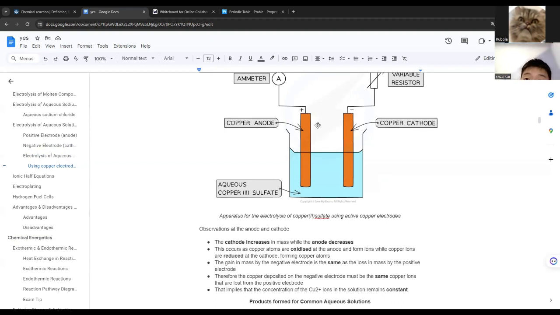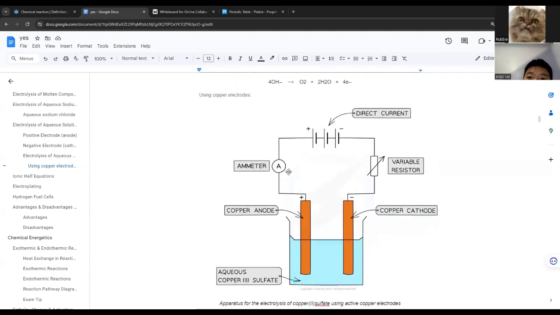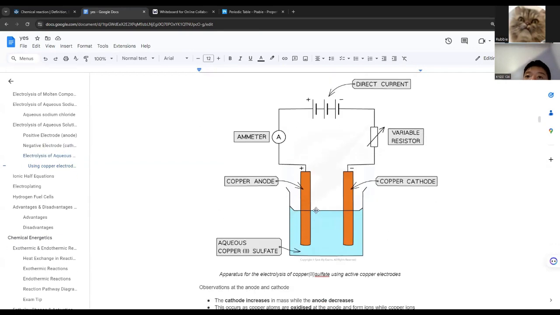You know how at the anode, hydroxide is attracted to the anode. And since this is a copper electrode, that means oxygen and copper are forming at the anode.